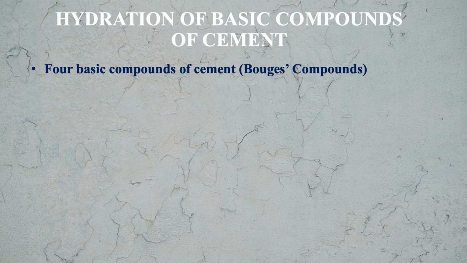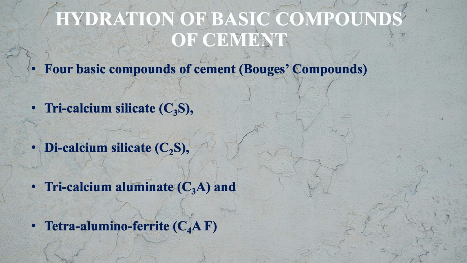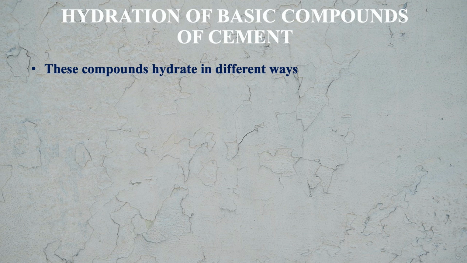These compounds are tricalcium silicate, dicalcium silicate, tricalcium aluminate, and tetracalcium aluminoferrite. These are the 4 basic compounds of cement. These compounds hydrate in different ways, means each compound hydrates in a different manner.